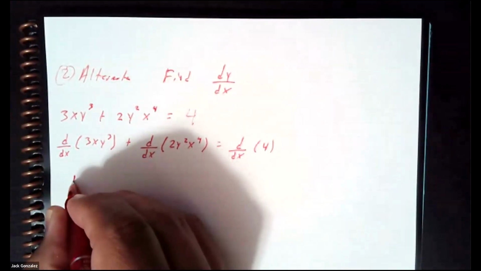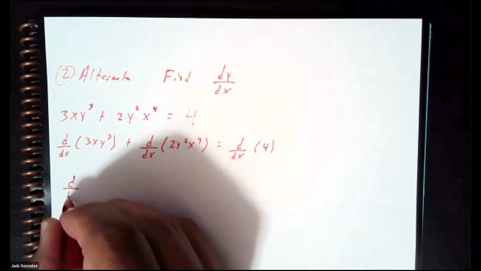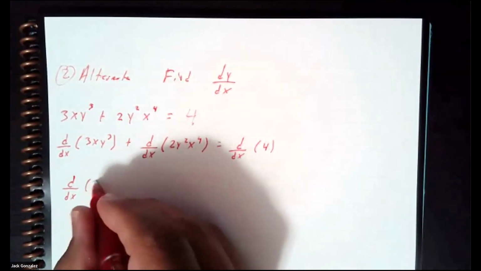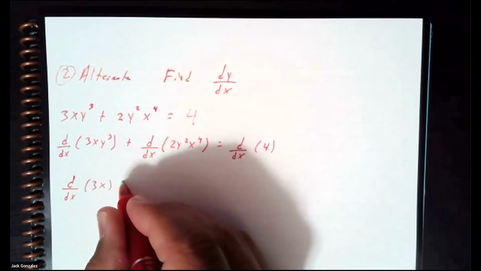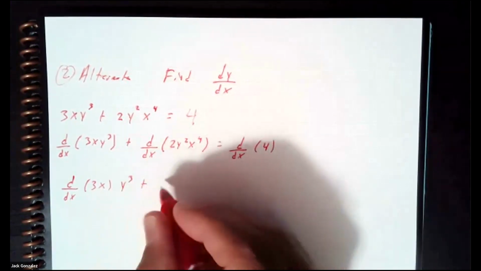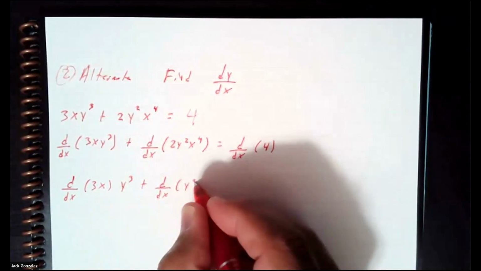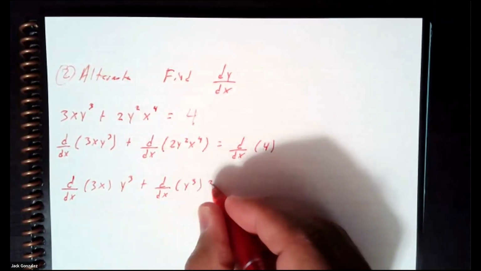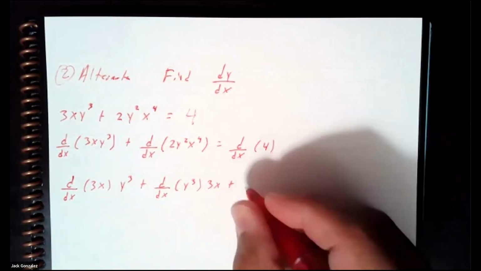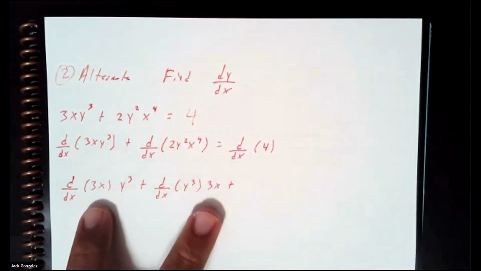So do your product rule. Derivative of the first piece times the second piece plus the derivative of the second times the first, plus again, so this is the chain rule for the first term.